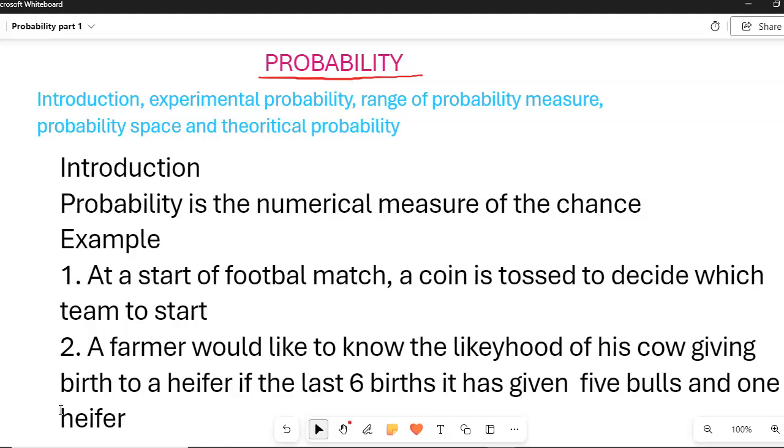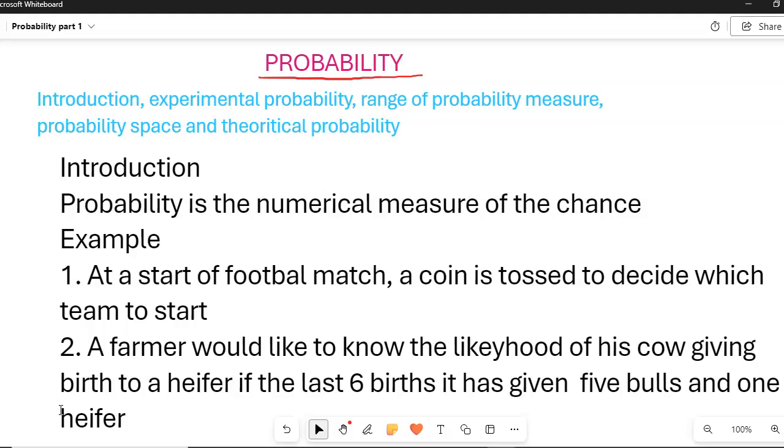Another case, number 2: a farmer would like to know the likelihood of his cow giving birth to a heifer if the last 6 births have given 5 bulls and 1 heifer.